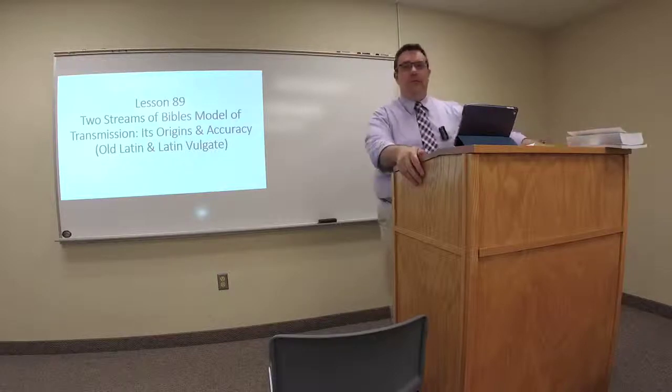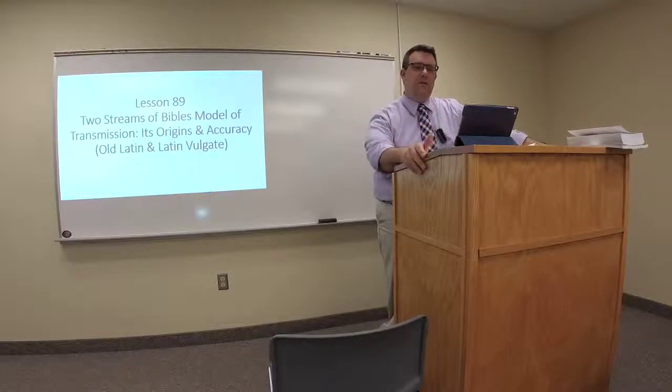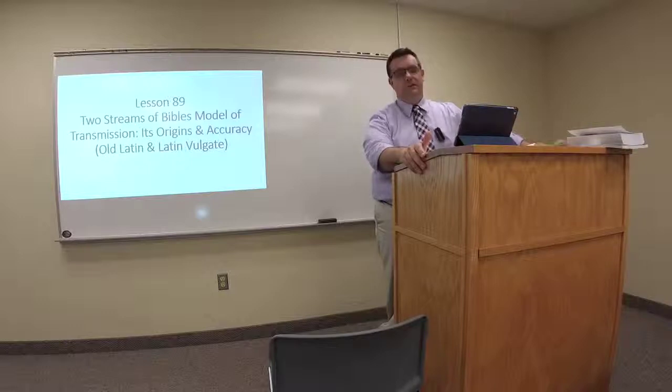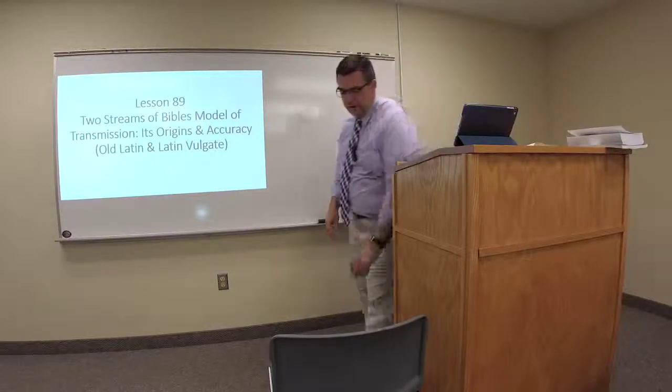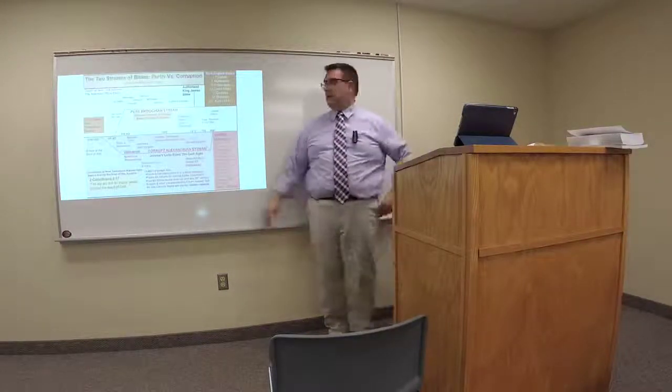Third, we looked at my first questioning of the two streams of Bibles paradigm. In lesson 87, that took shape around looking at the Gothic translation, and last week in lesson 88, around the Peshitta translation. If you remember from previous studies, I've had this chart up here the last few times.